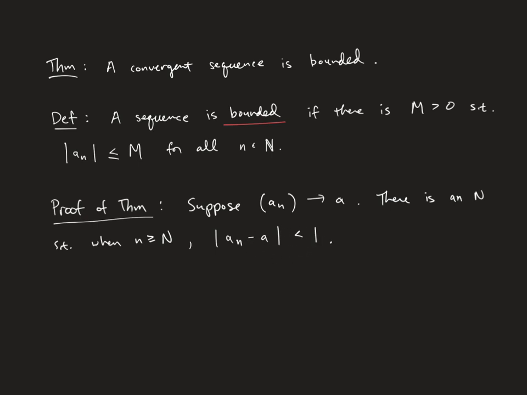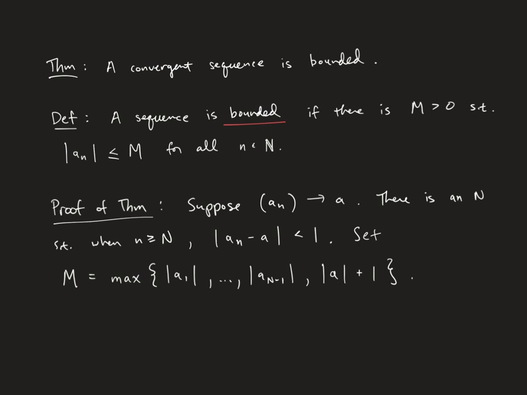So we can set m equal to the maximum of the absolute value of a1 up through the absolute value of a(n minus 1). Okay, only finitely many things there. And then we'll also do the absolute value of a, and then plus 1 to cover that whole neighborhood around a, as we discussed in the picture.